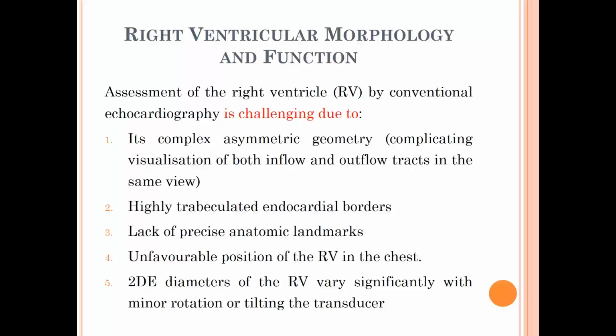And it has highly trabeculated endocardial borders. And we lack precise anatomical landmarks which we can rely on. Also, the unfavorable position of the right ventricle in the chest adds to the difficulties in assessing the right ventricle. And unfortunately, any minor change in our hand rotation or just tilting the patient can change the whole image of the right ventricle.